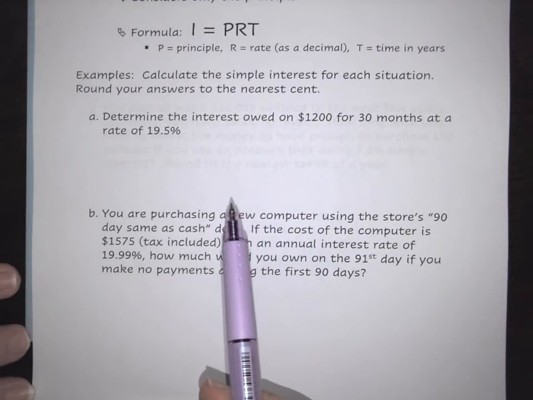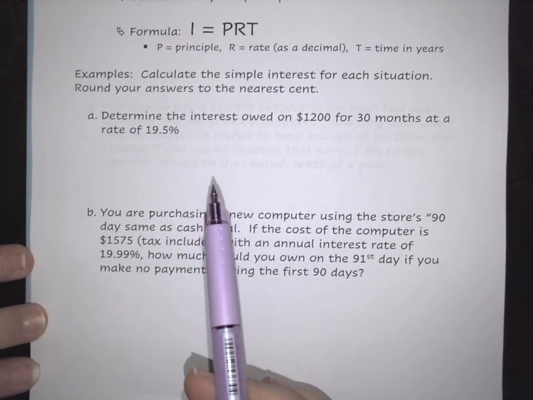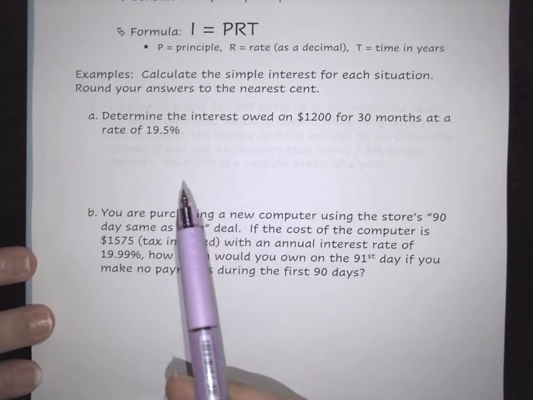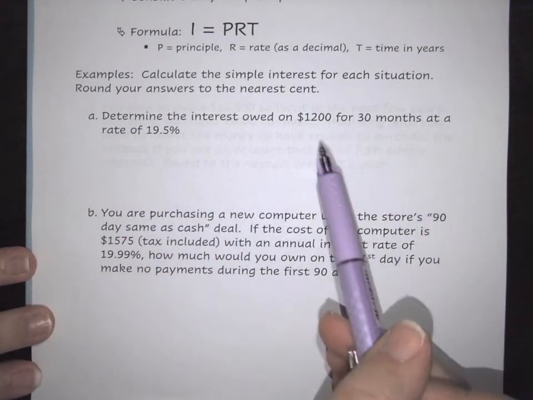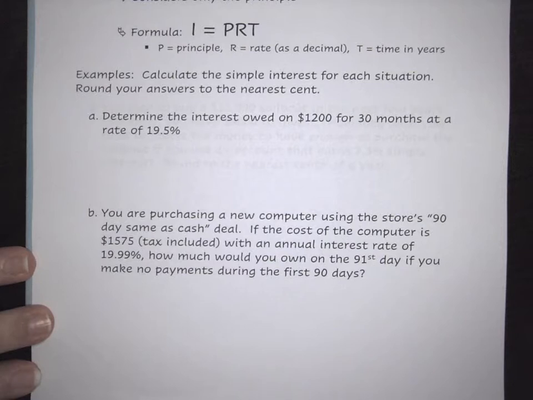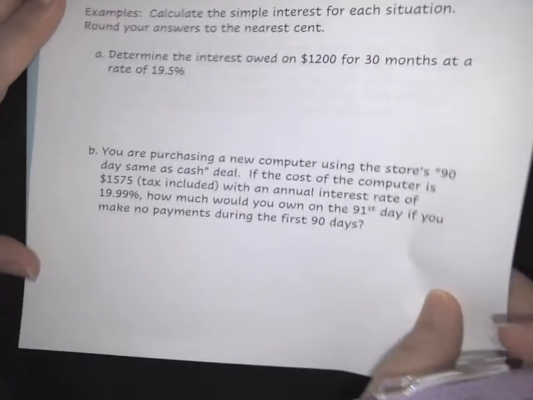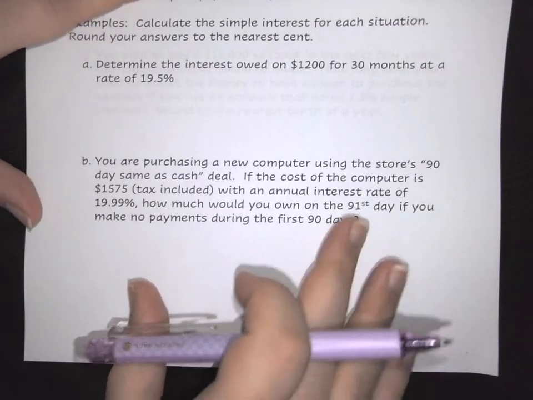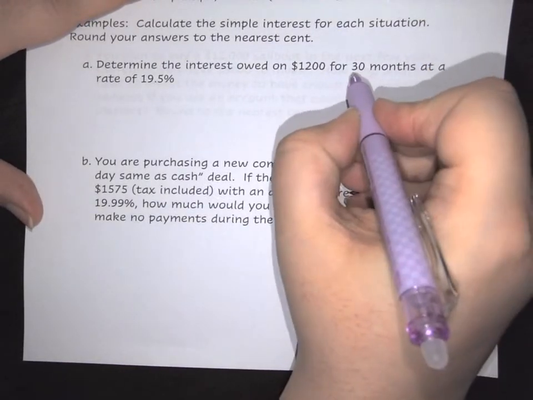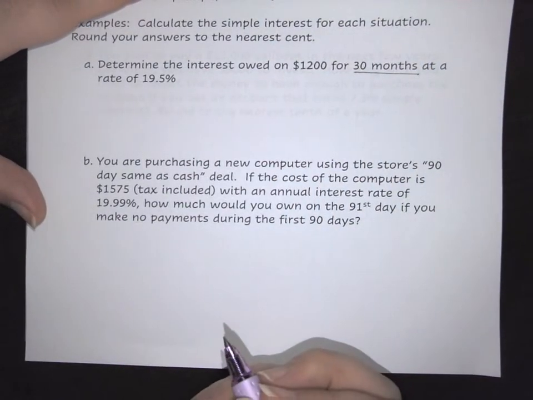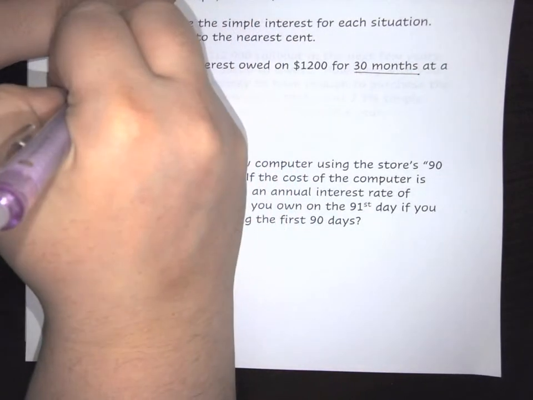So here we want to calculate the simple interest and round to the nearest cent. We want to determine the interest owed on a $1,200 loan for 30 months at a rate of 19.5%. The first thing we have to do is recognize that my time here is given in months, so we need to convert to years.